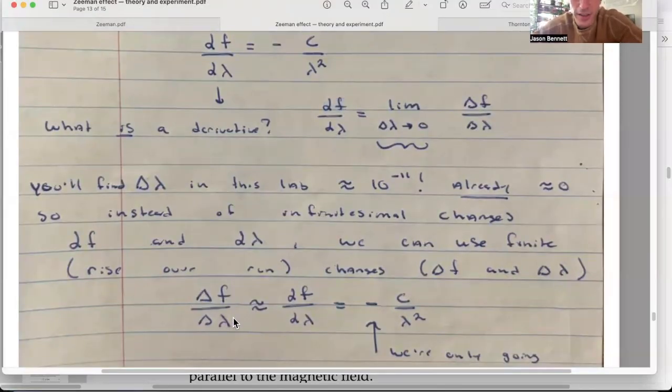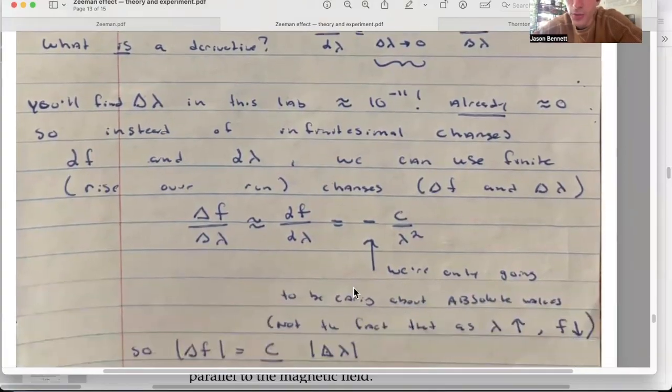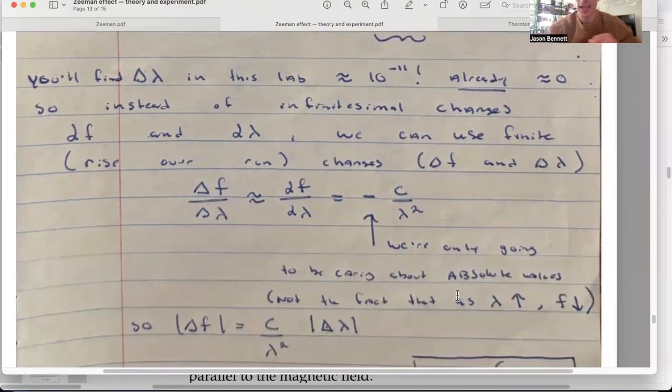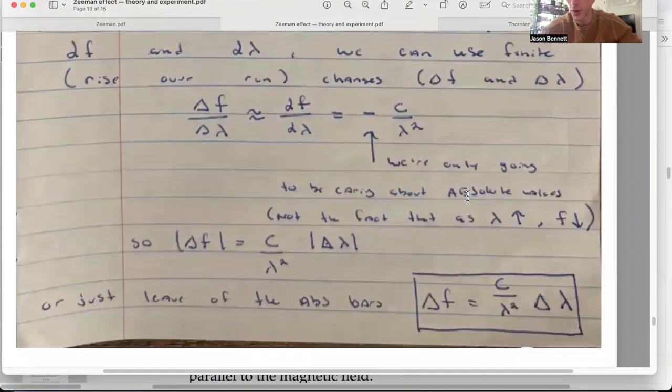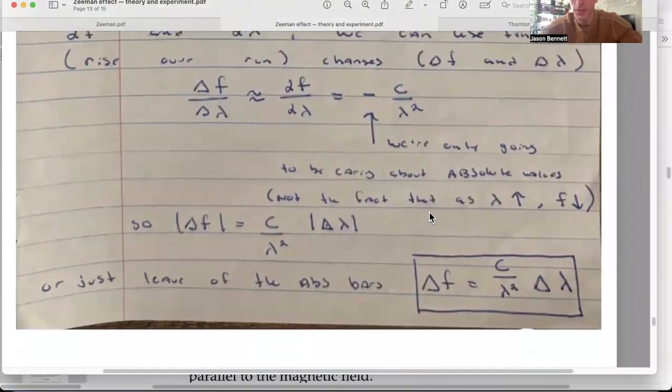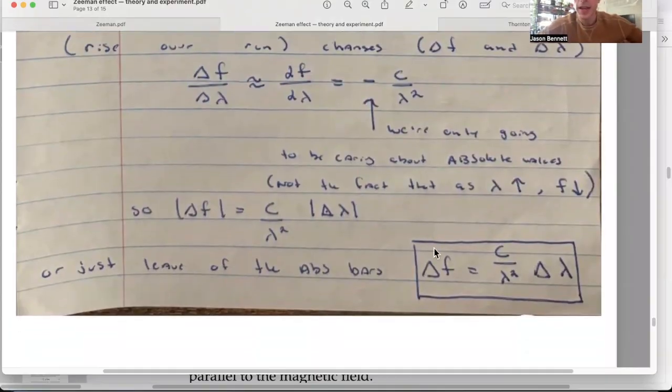Delta f equals delta lambda times negative c over lambda squared. We are only caring about the values of these things, not the fact that as frequency goes up, wavelength goes down. It doesn't matter for our purposes. So we're just going to take the absolute values of everything. And so we end up with this equation: the change in the frequency equals c over wavelength squared times the change in the wavelength.